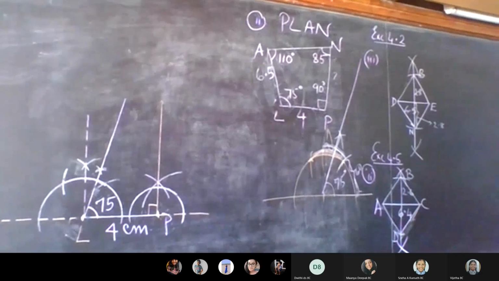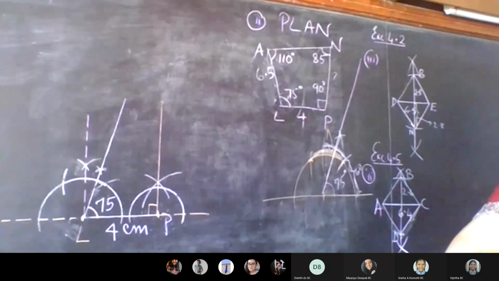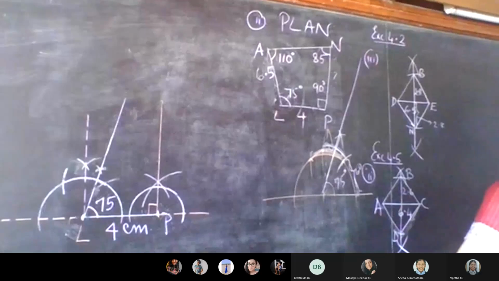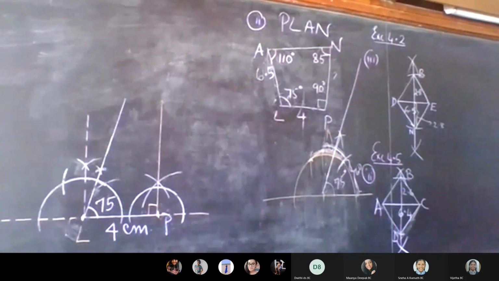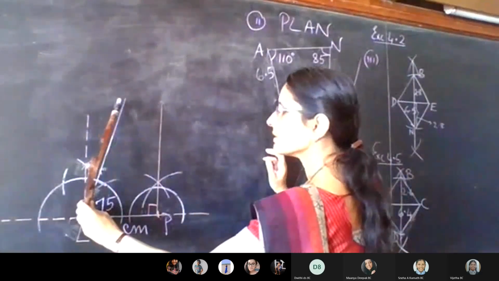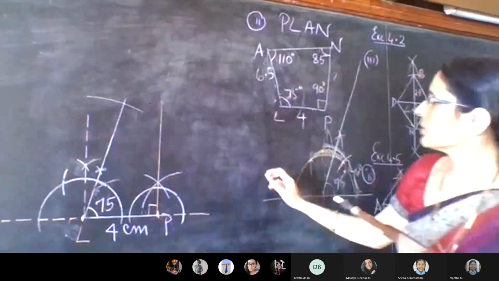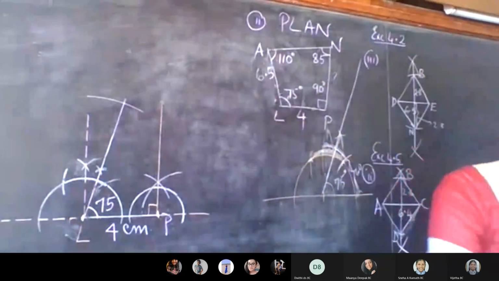How many are struggling to do 75-degree? Better learn everything once, 6th standard angle constructions. Any method will do. If you have learned it in a different way, that's also okay. So cut the angle line to 6.5.